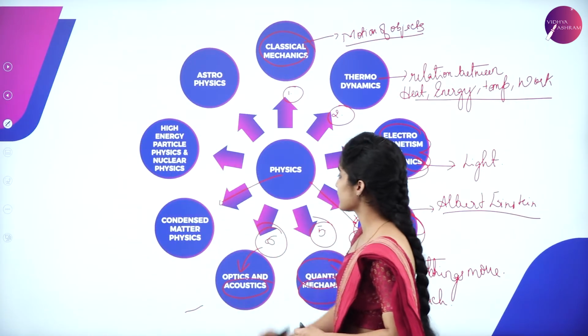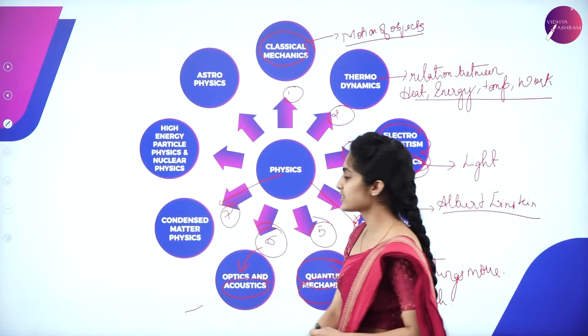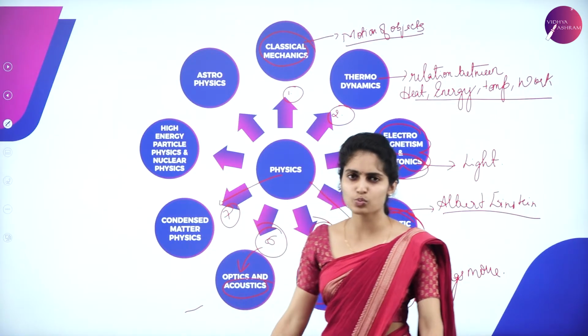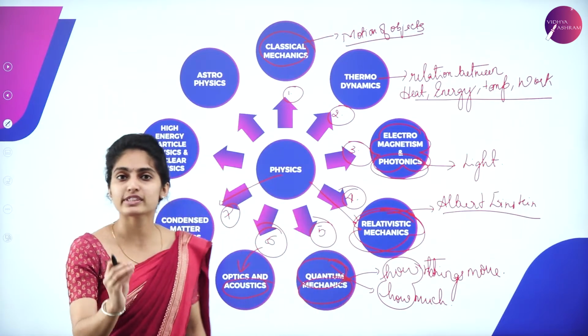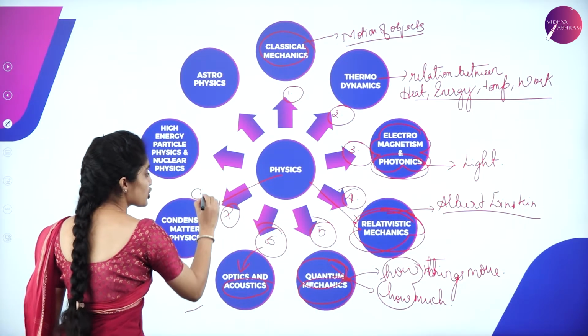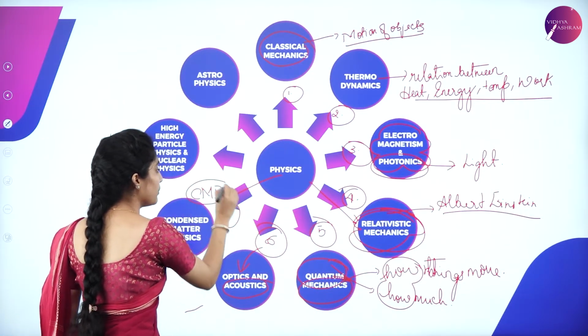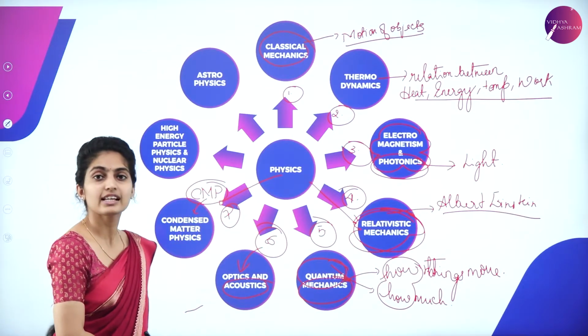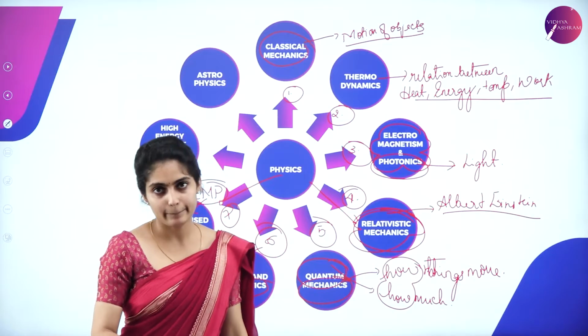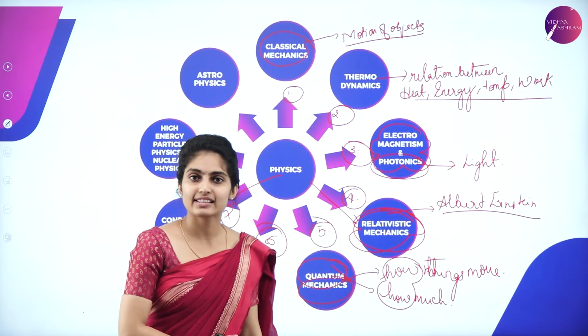The next category, the seventh category we are studying, is condensed matter physics. What exactly does condensed matter physics contain? The short form of condensed matter physics is CMP. So what do we study in this CMP?